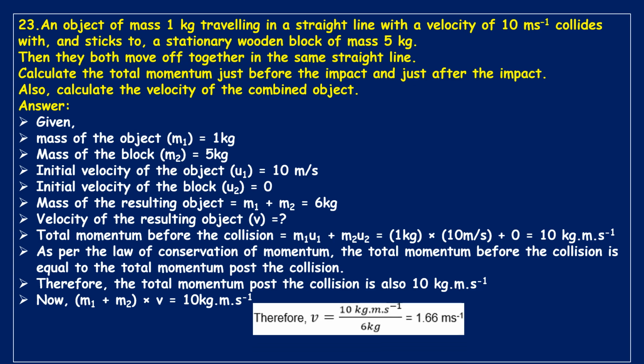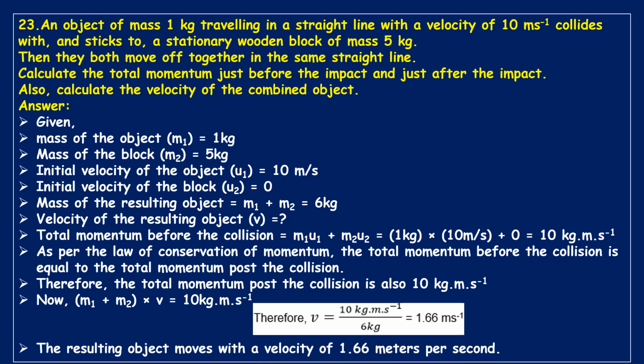Therefore, the final velocity we have to find out: V equal to 10 kg meter per second upon 6 kg. That gives you 1.66 meter per second. Momentum is equal before and after collision, but velocity is different, right? The resulting object moves with a velocity of 1.66 meter per second. This is the answer for this question.